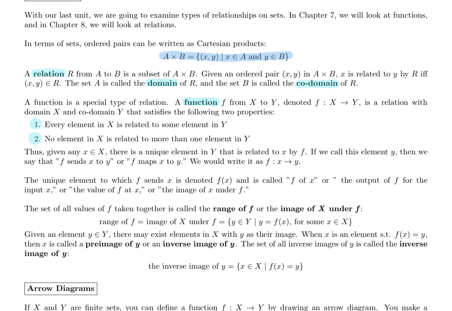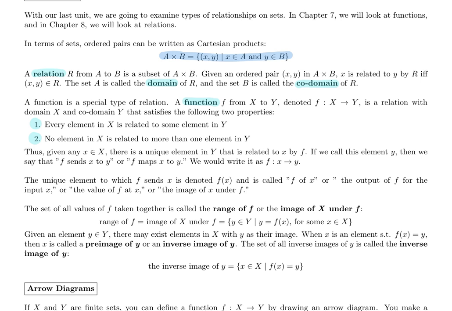The only thing that makes this different is that in requirement 1 we're saying that every element in the domain X has to be related to some element in the codomain Y. So that's a slightly different way to consider domain from the way you probably learned functions in algebra or pre-calculus.